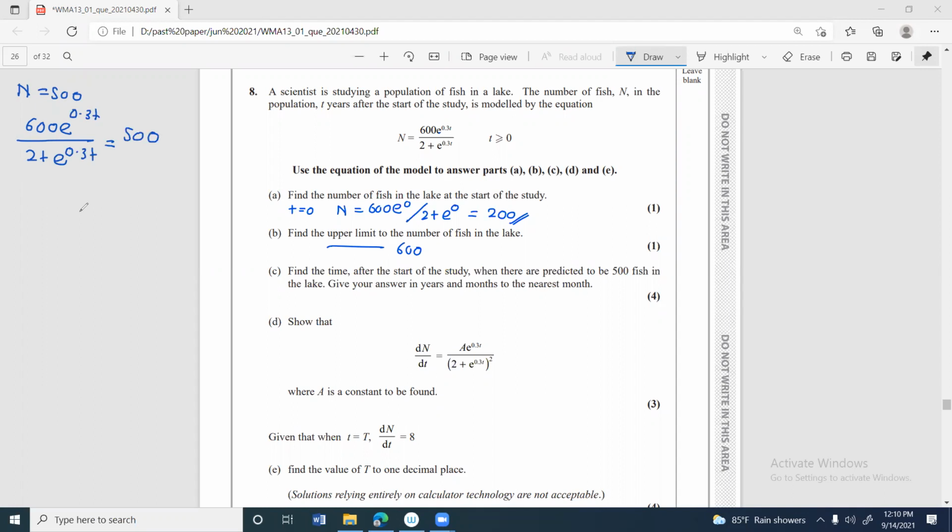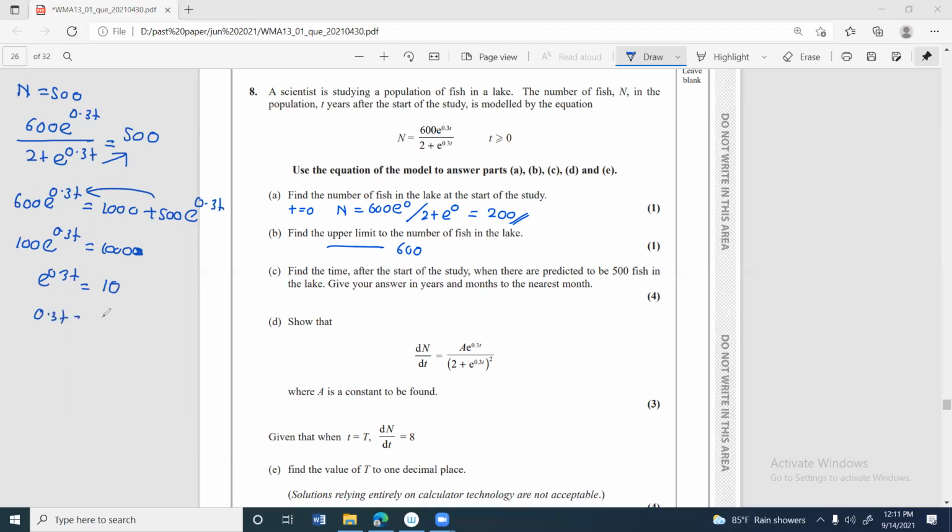If you cross multiply, it turns into 600 e to the power 0.3t equals 1000 plus 500 e to the power 0.3t. If you bring it over, 600 minus 500 is 100, so 100 e to the power 0.3t equals 1000.